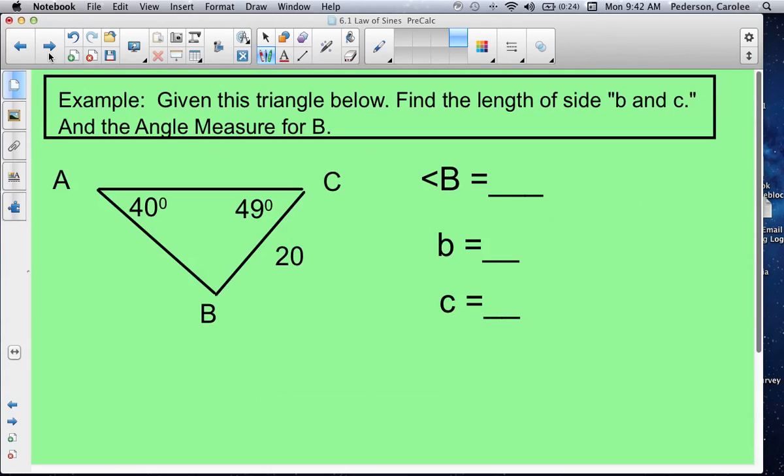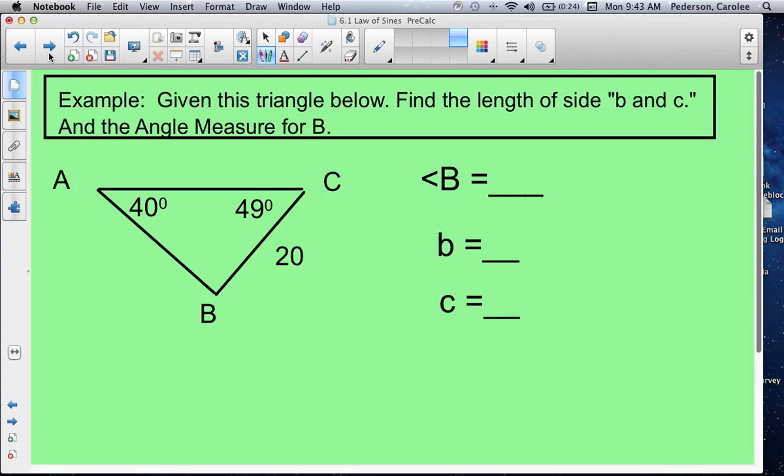Alright, so here's our first example. We're going to go through and find these missing pieces. We have a triangle ABC, and we have two angles and one side. It's always a good idea to draw the picture and label all the sides and the angle measures.